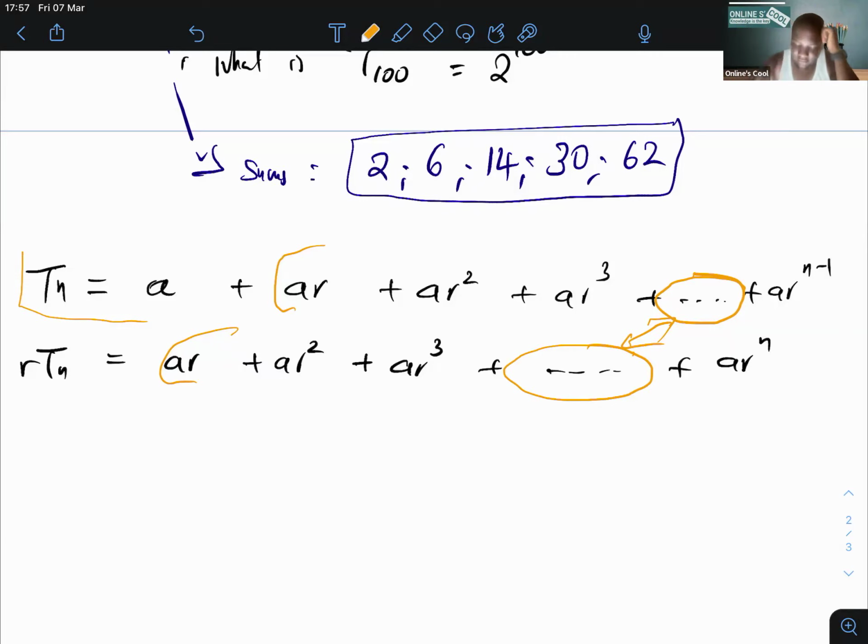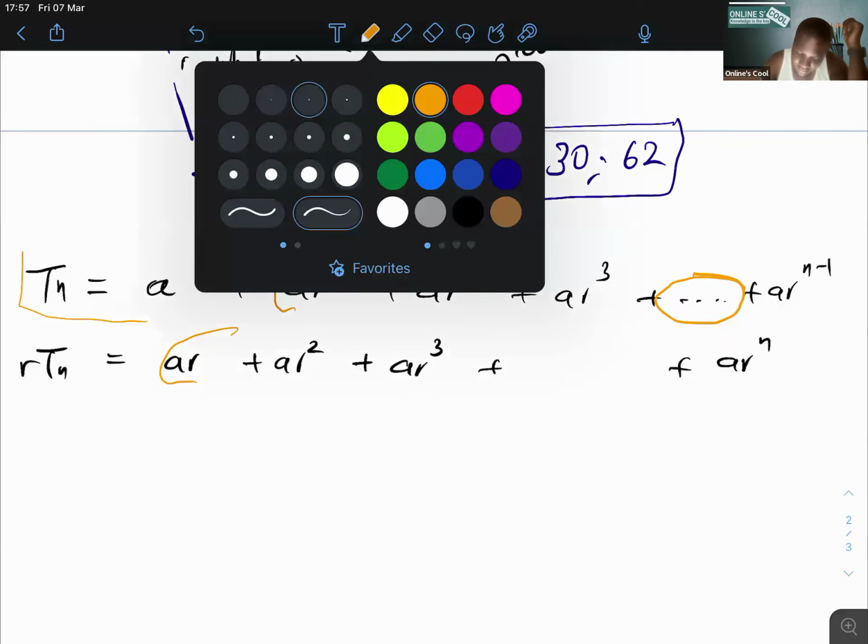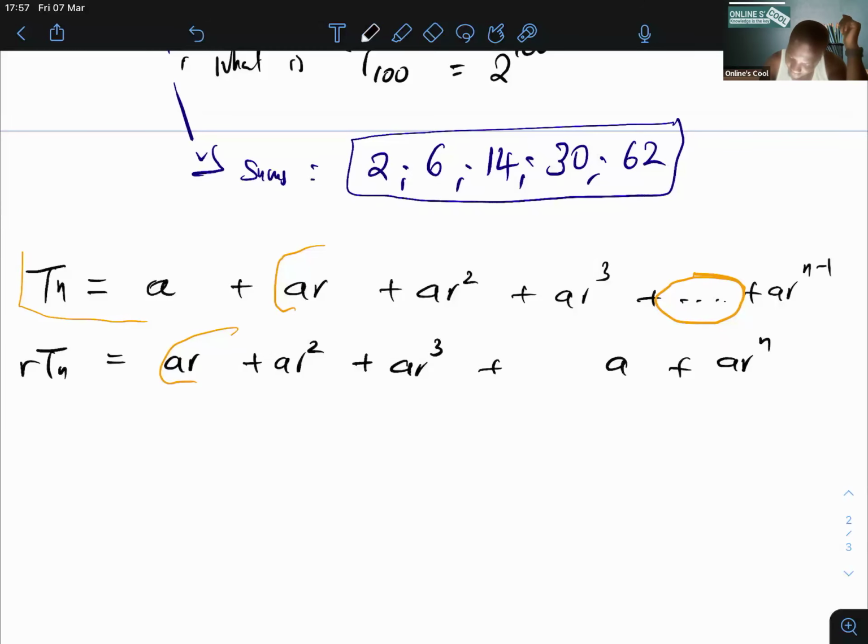In actual fact, the number of terms ought to remain the same. And what that means is that this AR to the n is here. What is the difference between these two? There's the A here, and then there's this term here. But everything in between is now the same.